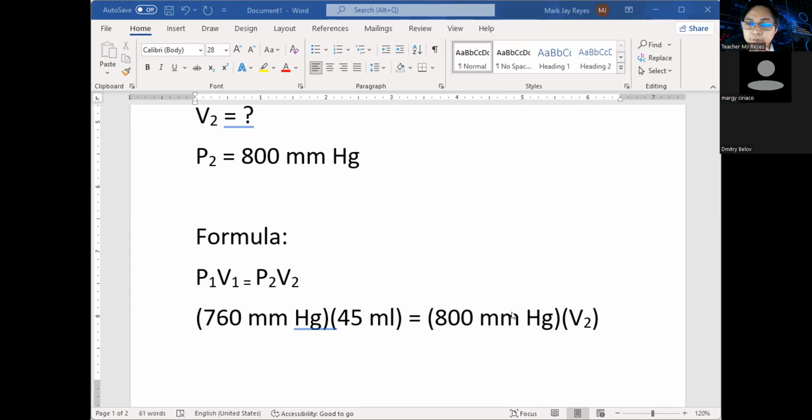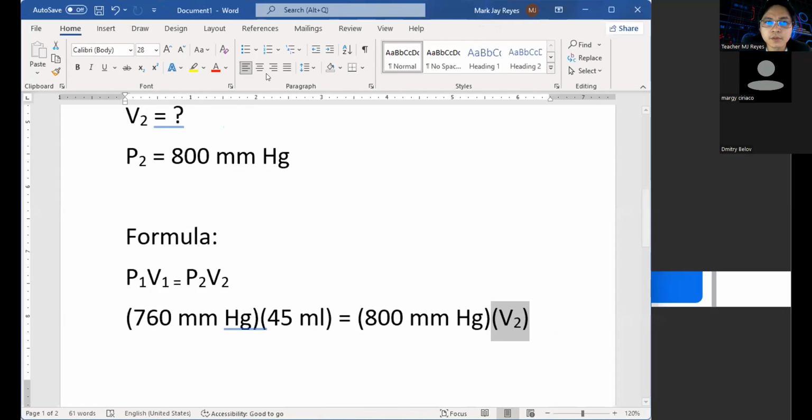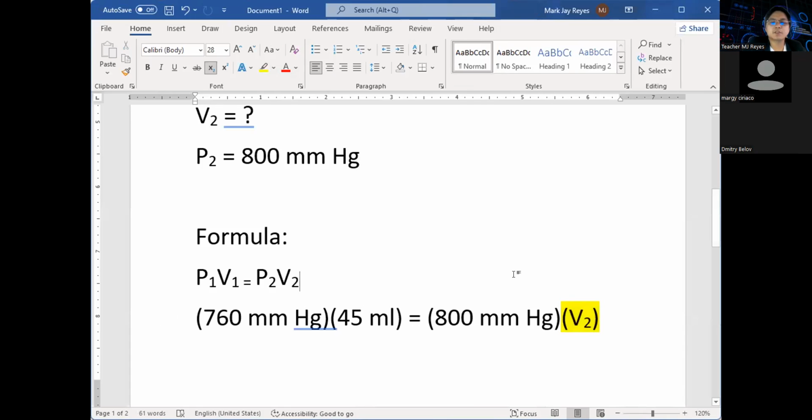Subtract 800 from, subtract 800. No. Remember that you need to have the value of V2. Based on the given and based on the formula there, how can we extract V2 there?